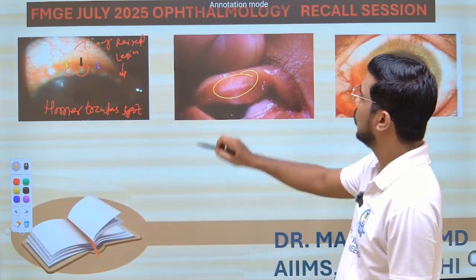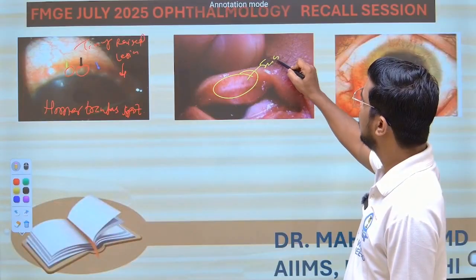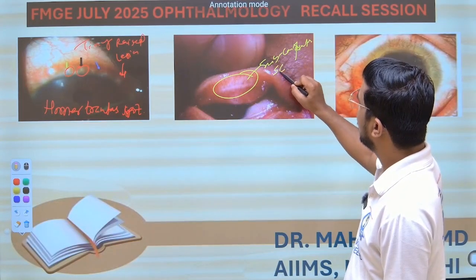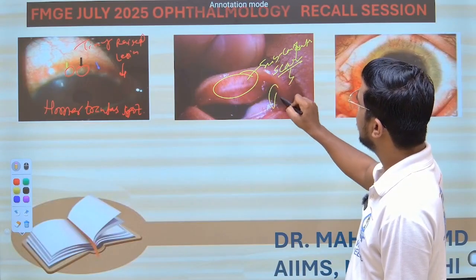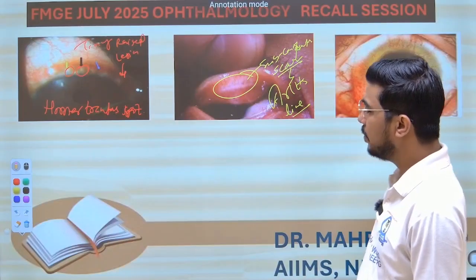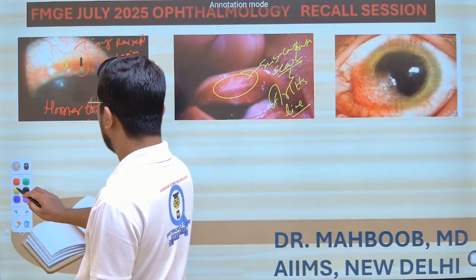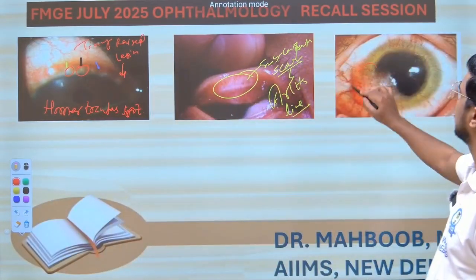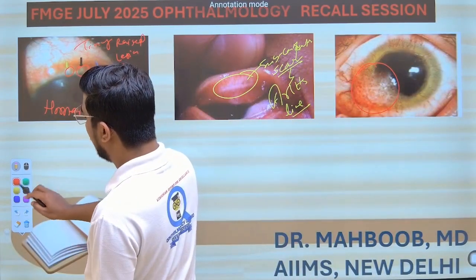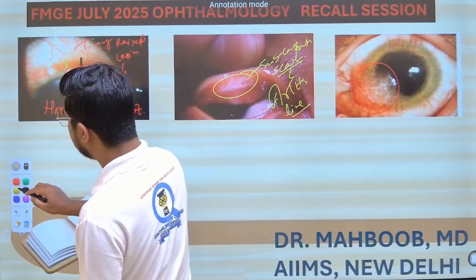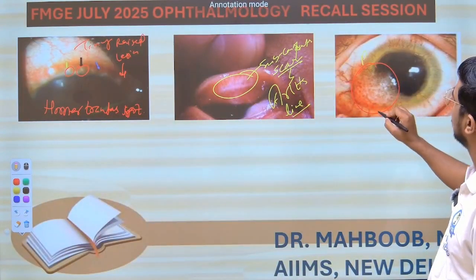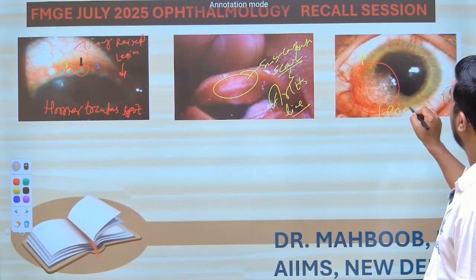Now, coming to this, can you see here? What is this? This is subconjunctival linear scarring. This is nothing but Arlt's line. Okay. Now, can you see this? What is this? This is pannus.